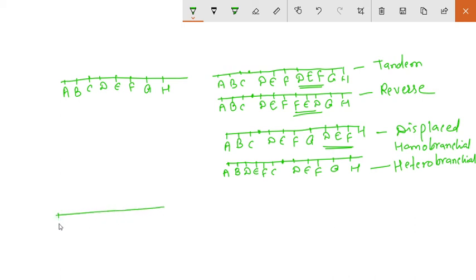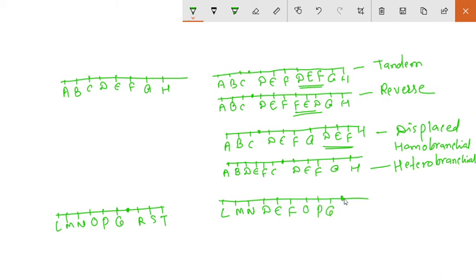Okay, so that is L, M, N, O, P, Q, R, S, and T. Okay, so there is the addition of D, E, F and the deletion of it from L, M, N, then D, E, F, O, P, Q, R, S, and T. So it is added interstitially, and in the non-homologous chromosome.